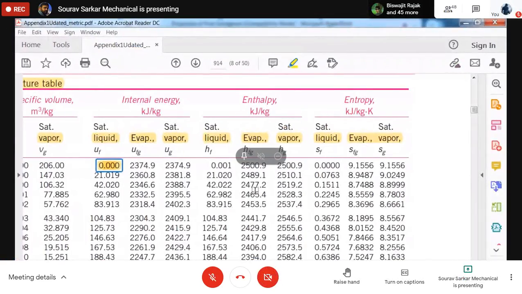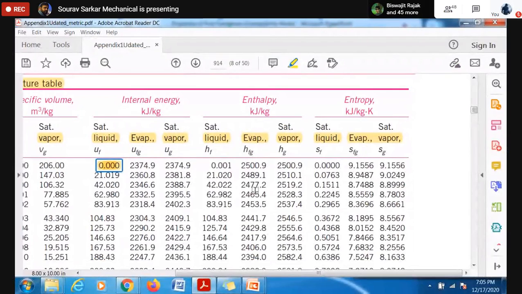That's why the UFG becomes 0, because UF and UG are practically the same at that point. Yeah, I understood your point, but I am trying to say which one is the cause and which one is the effect. The graph is the effect or the graph is the cause.